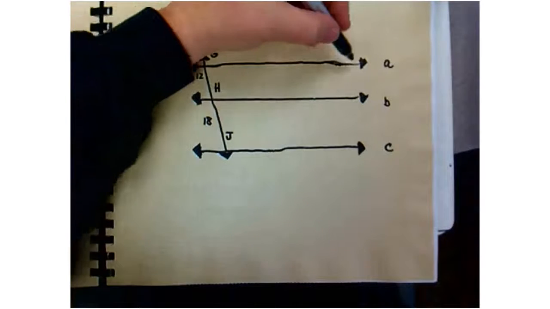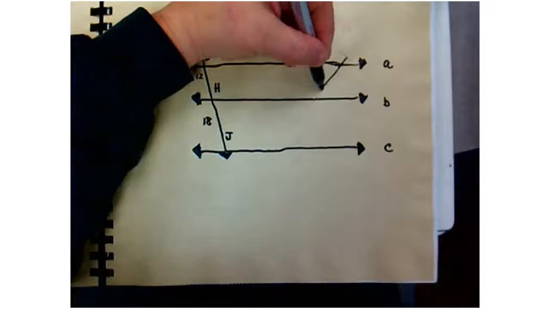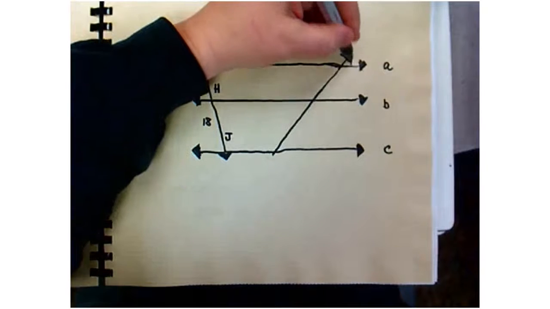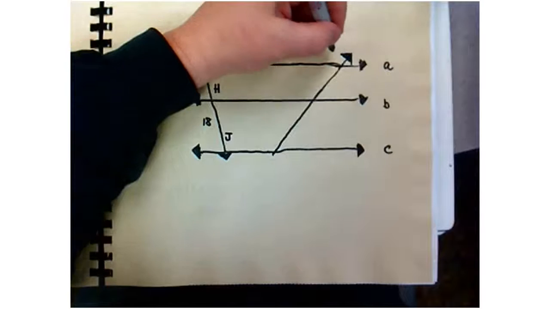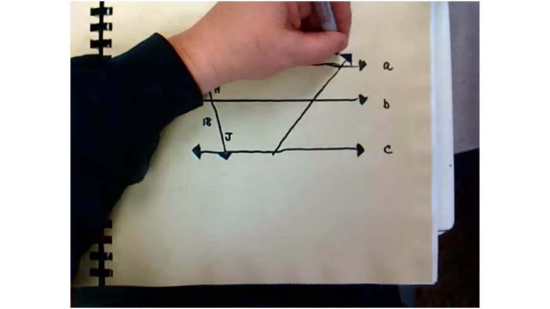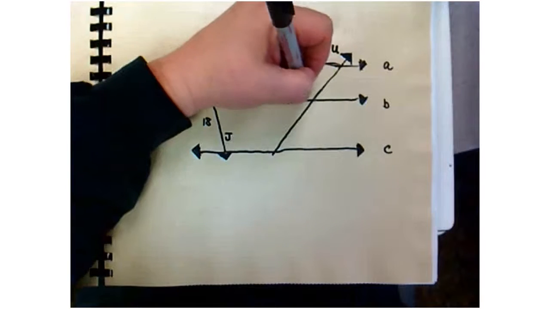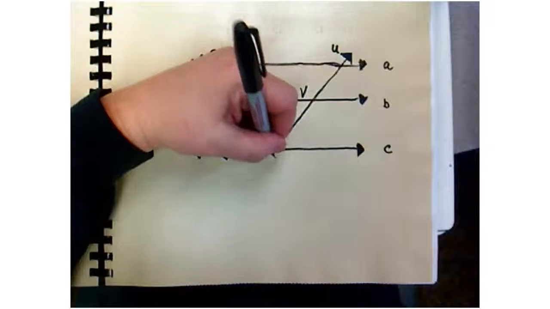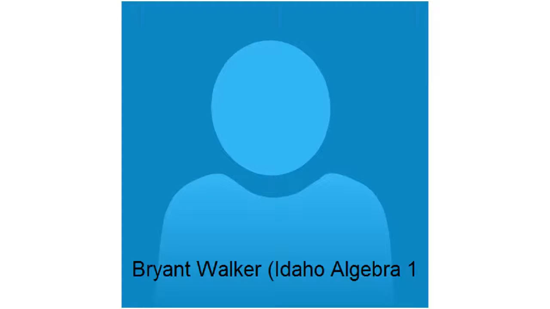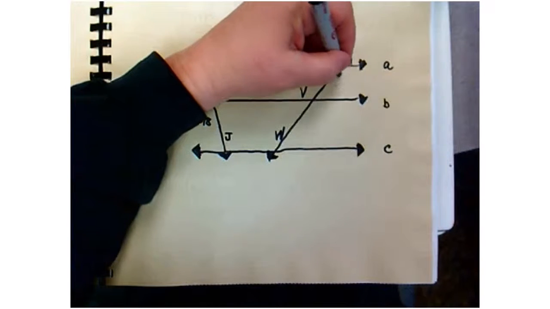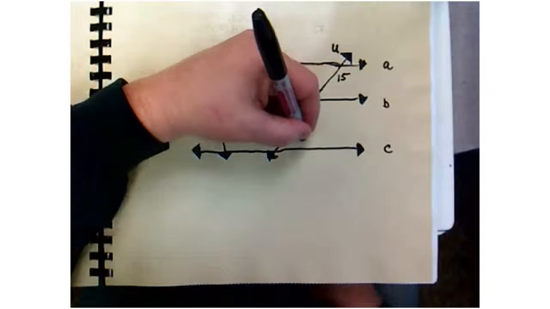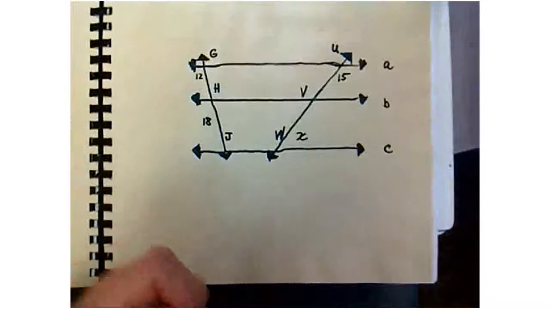Okay. Then all the way over to the right, we have a transversal. It intersects line A at U, line B at V, and line C at W. From U to V is 15, and from V to W is X. We have to find the value of X.